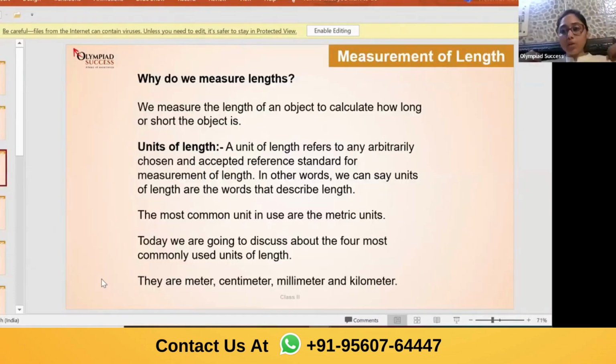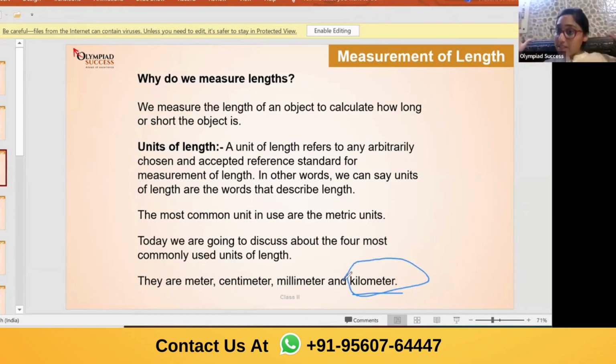We all wear clothes, right? So these clothes we measure in meter. After meter, there is kilometer. If I want to measure the distance between your home and school, that distance we measure in kilometer.